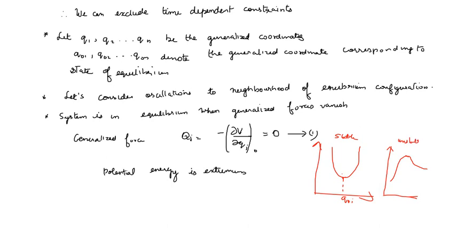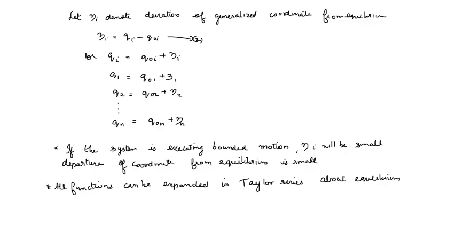Stable equilibrium gives bounded motion, and the disturbance from unstable equilibrium produces unbounded motion. All these we discussed in our previous class. Now let us formulate the theory.